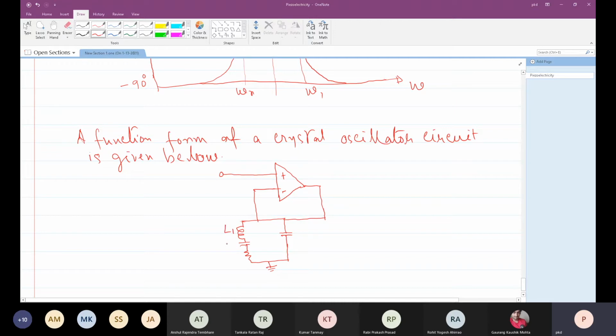L1, C1 and R1. So this is the electrical equivalent of the electrical part of that crystal, and this is the equivalent of the mechanical part of that crystal. So this part is the crystal response function, and that is used in the feedback of an amplifier.